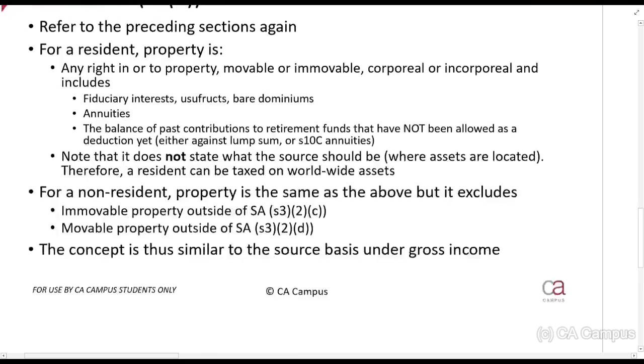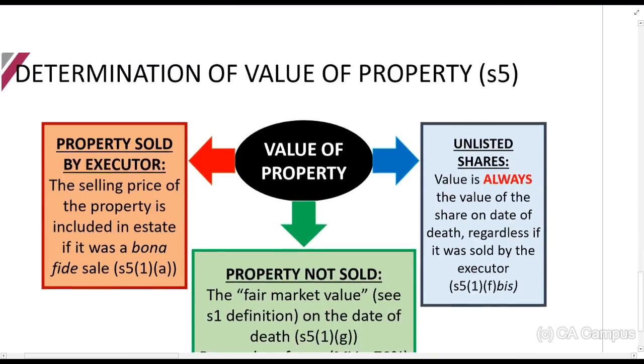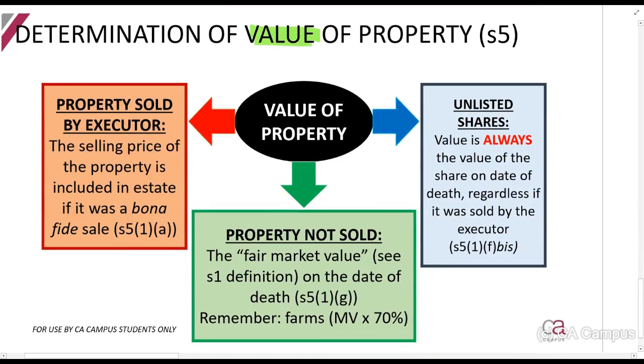Right, so this is just explaining it there, and then how do we determine the value of this property? This is important. When you pass away, remember, your executor has now all of this property in your estate, and this is basically what happens with the assets. The executor will either sell assets or transfer assets.